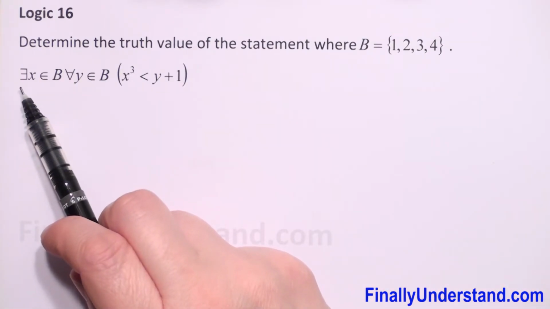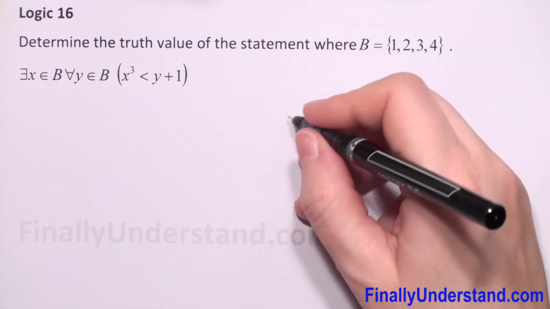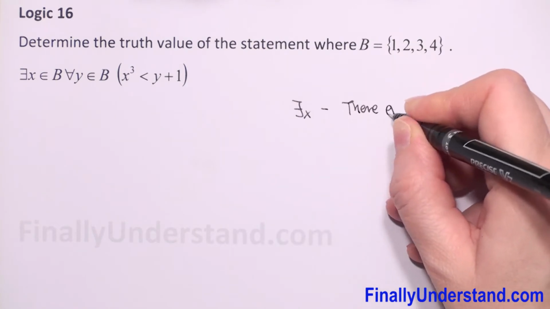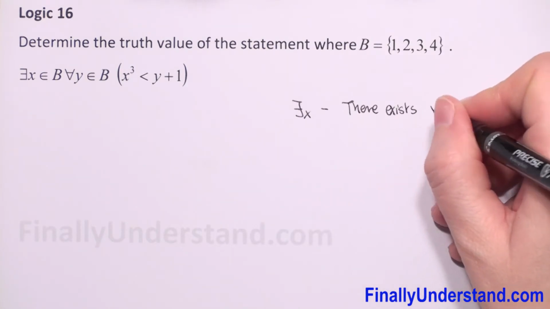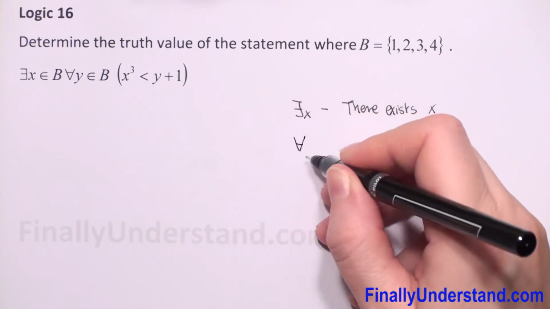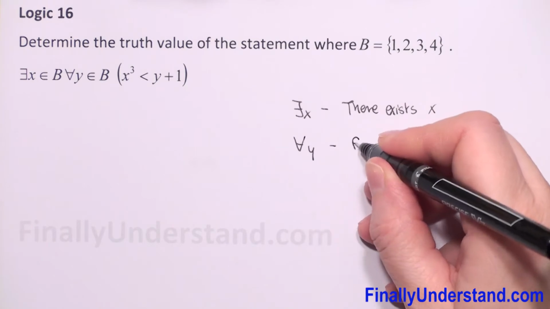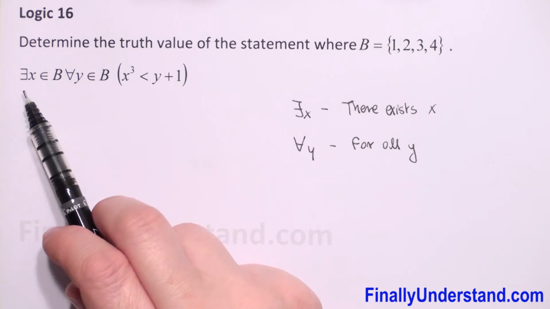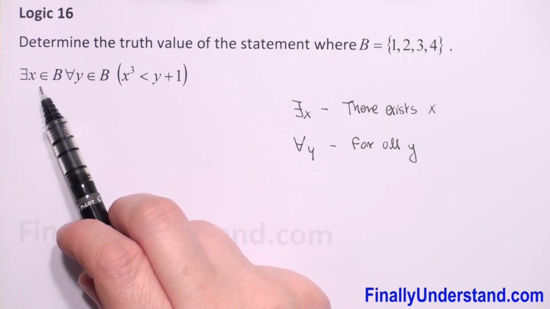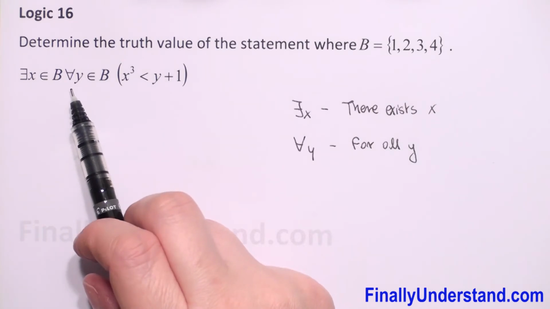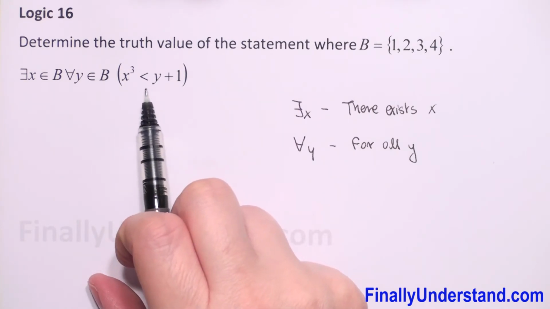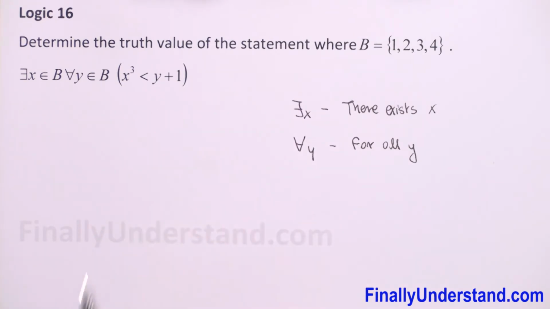This symbol means there exists, so let me write this, there exists X, and this symbol is for all Y. So let me read this now: there exists X belongs to B for all Y belongs to B such that X cubed is less than Y plus 1.